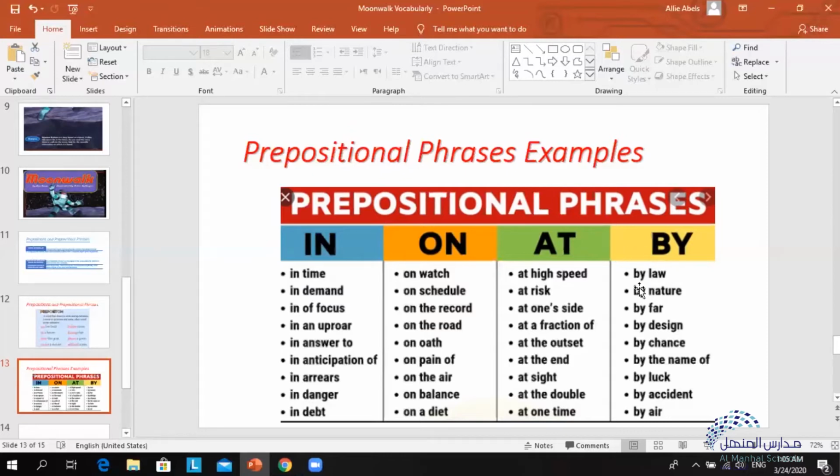So importantly to remember, in a prepositional phrase, we will always find a preposition and a noun or a pronoun that would include the object of the prepositional phrase. So quickly, I will play for you guys a video so that we can picture the preposition and the object of the preposition in a prepositional phrase and how it is used in real life.